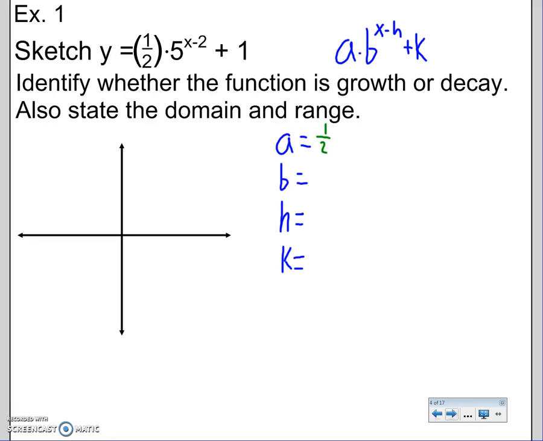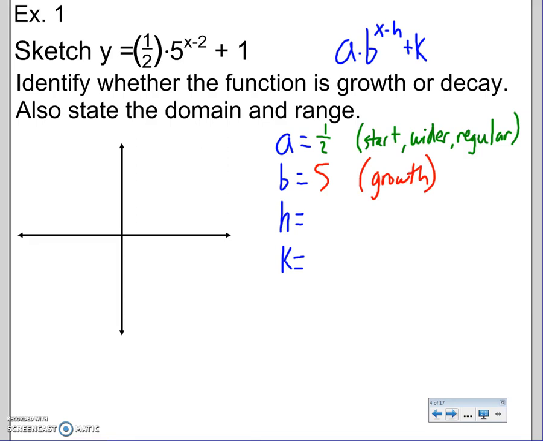That's our start point too. We know it's not taller, it's wider, and it's regular, it's not flipped. B is that thing that's being raised to the exponent, has the exponent x. So B is 5. Since B is 5, that's more than 1. That's growth. So I answered one question.